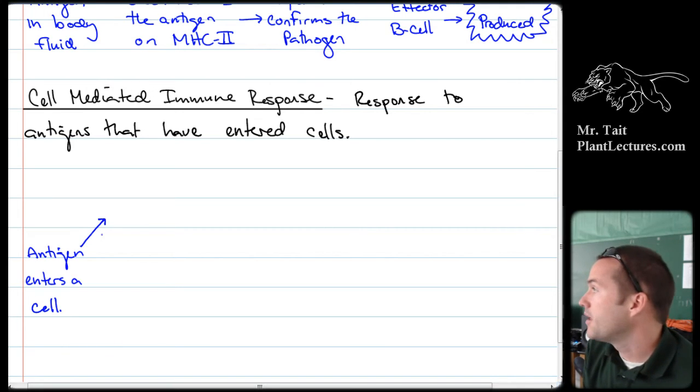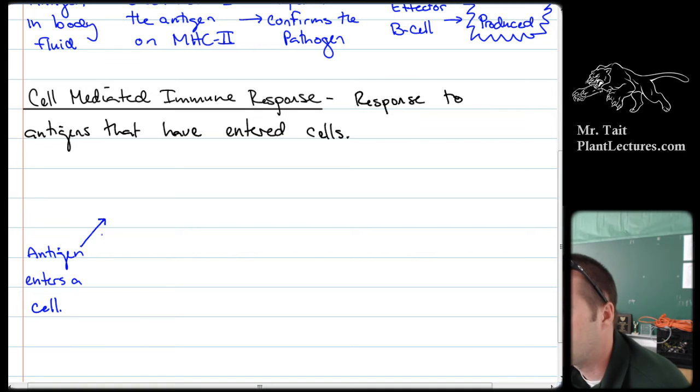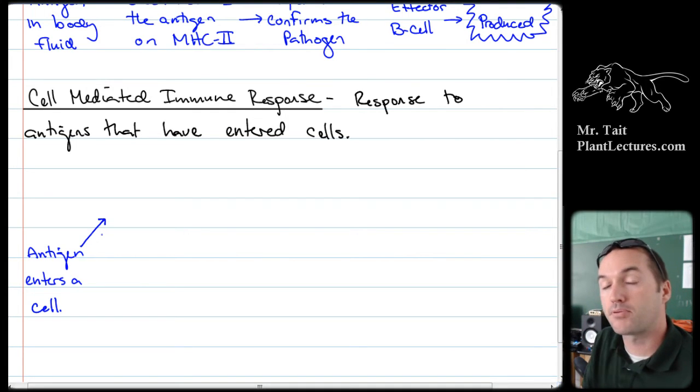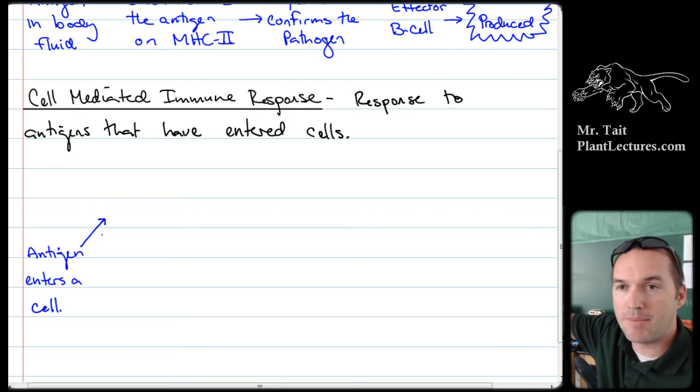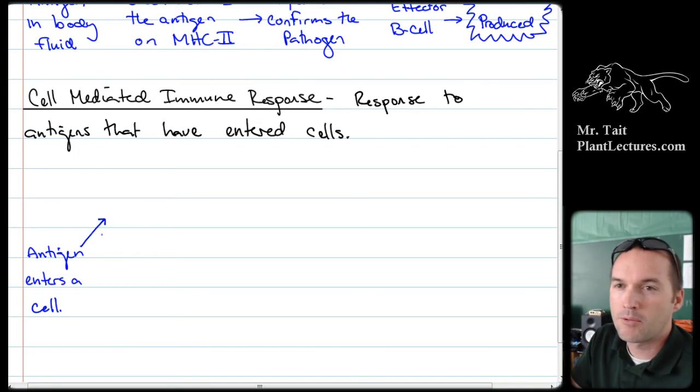Okay. So at any given point, all of your cells are getting checked up on constantly. They're being micromanaged to say, hey, what proteins are you making right now? Okay, that's fine. What proteins are you making right now? All right, I guess that's fine. At any given point, the cell has to prove that it's making the correct proteins, and it does that by presenting it on something called MHC1. Every nucleated cell in your body has MHC1. That means every cell except for red blood cells.